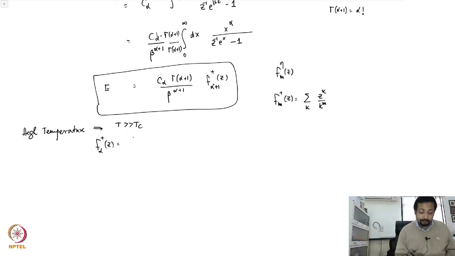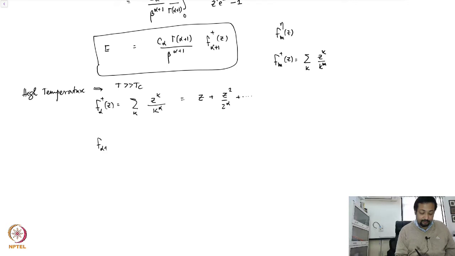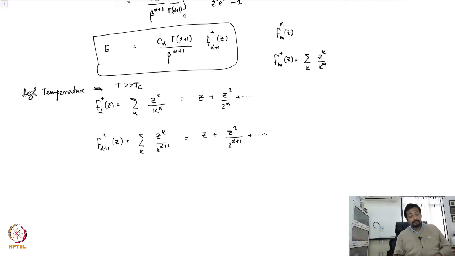You are far away from the critical temperature and you have the expansion as sum over k z to the power k over k to the power alpha, which is z plus z square over 2 to the power alpha plus higher order terms, and f of alpha plus 1 plus of z is going to be sum over k z to the power k over k to the power alpha plus 1, which is going to be z plus z square over 2 to the power alpha plus 1 plus higher order terms.